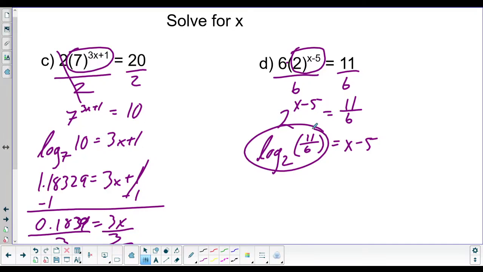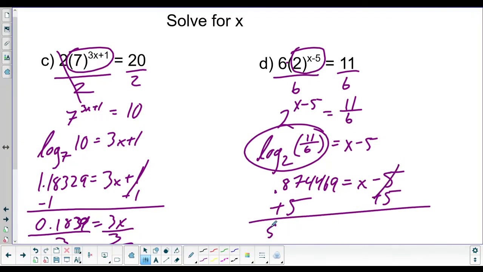And we get 0.874469 equals x minus 5. Then we just add 5 on both sides. Easy peasy lemon squeezy. There you go. That's your answer.